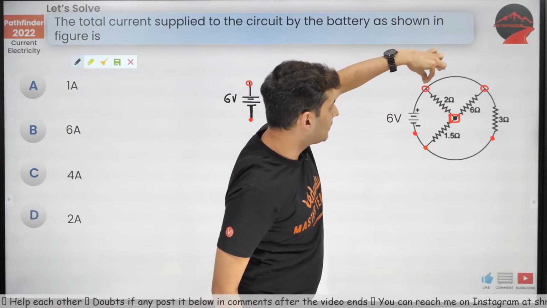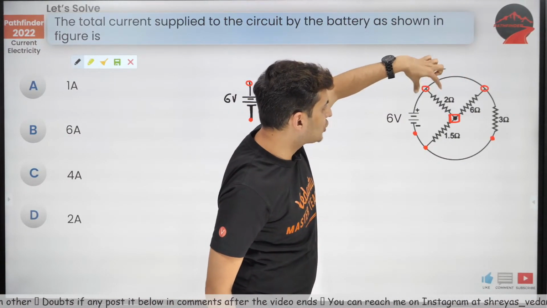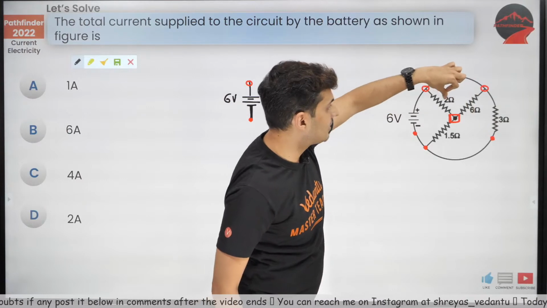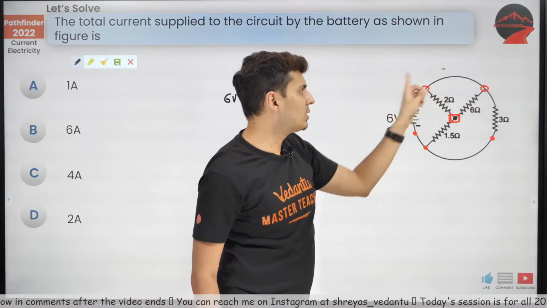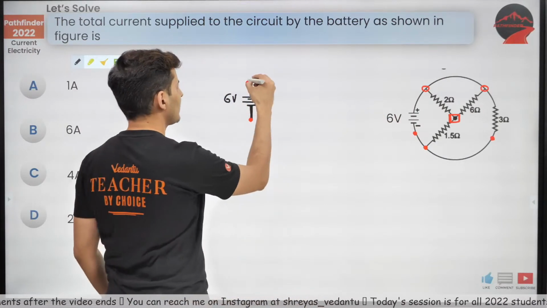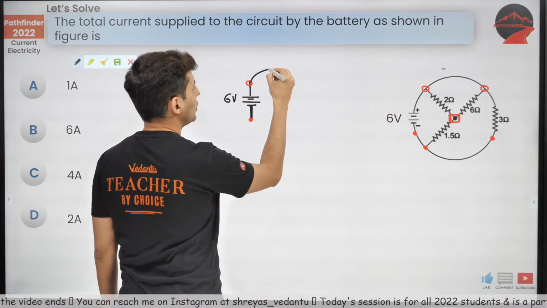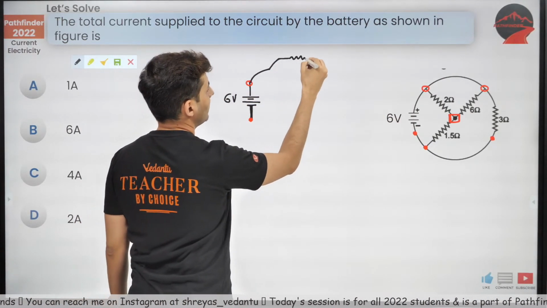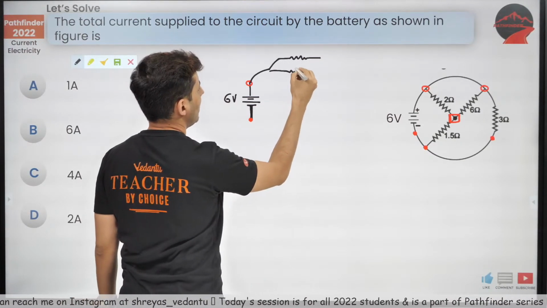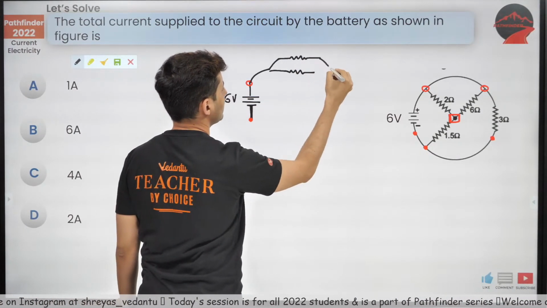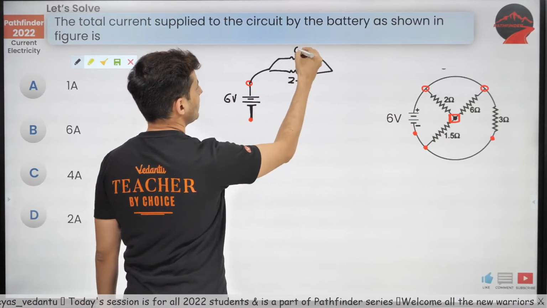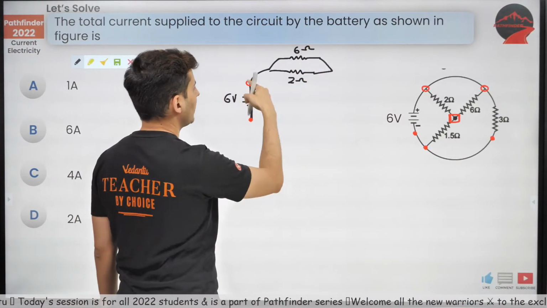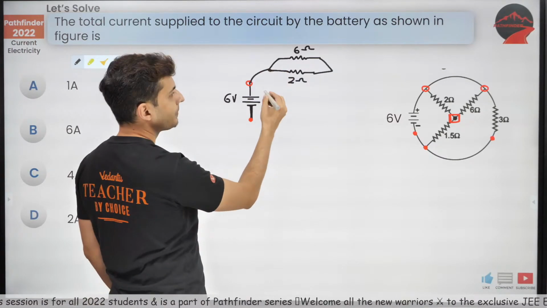I can combine both of them together because I can show this resistor and this resistor, 2 and 6, coming out from the same point rather than 2 separate points. It makes more sense. So how about showing one resistance and another resistance like this coming out from here. So this is 2 ohm and this is 6 ohm. Both are connected to the circle.